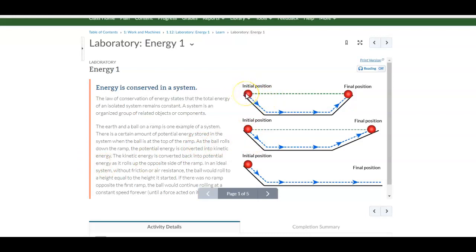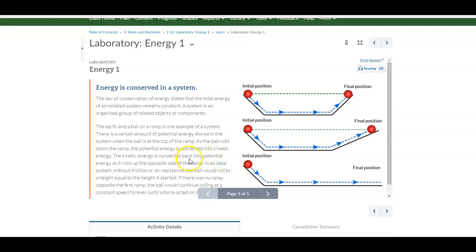It's not moving yet. As the ball rolls, we know it's going to be picking up speed. Because it's losing height, the potential energy is getting smaller and the kinetic energy is getting bigger. And then as it goes up this side of the ramp, they're going to switch again. It now has high potential and low kinetic.